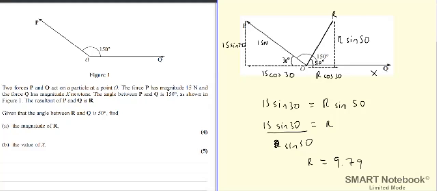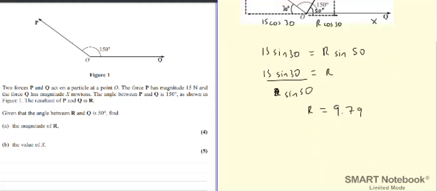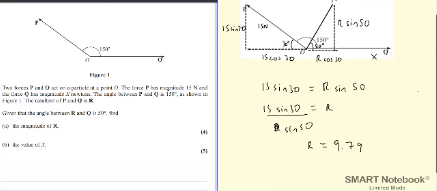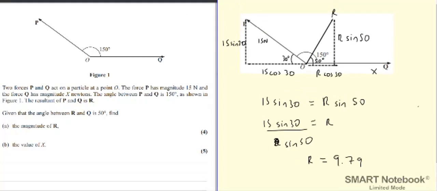So what we're saying is, because there's only one vertical component, that's this vertical component of P, that must be equal to the only vertical component of R. The resultant of P and Q is R. Why can't we resolve horizontally?